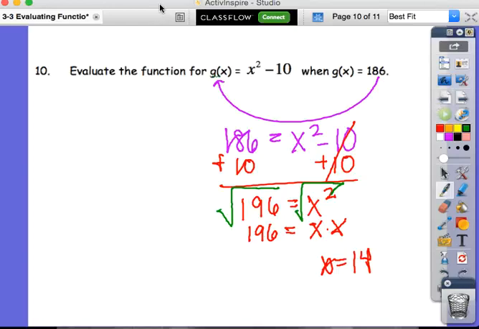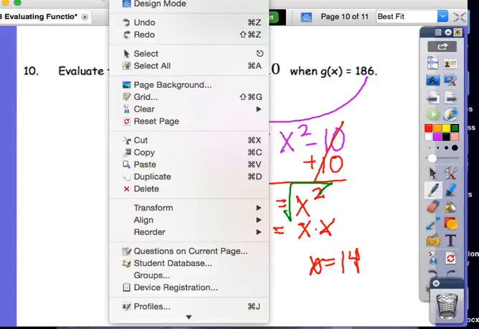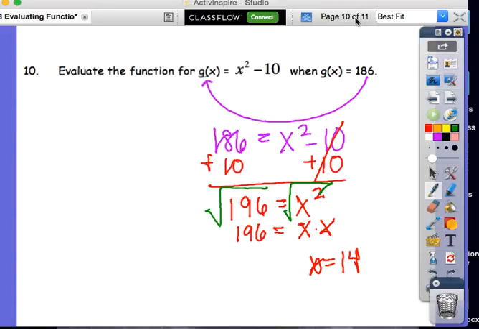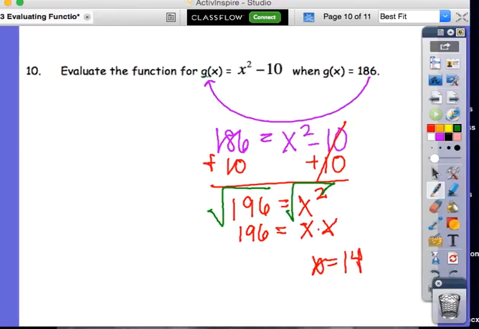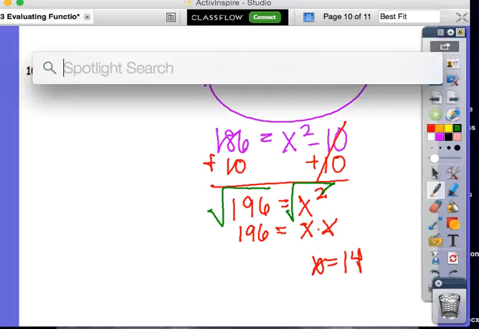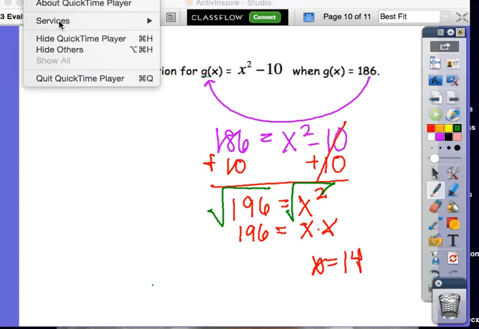Let's pause this somehow. How do I quit it? You have to select QuickTime and then just hit with video.